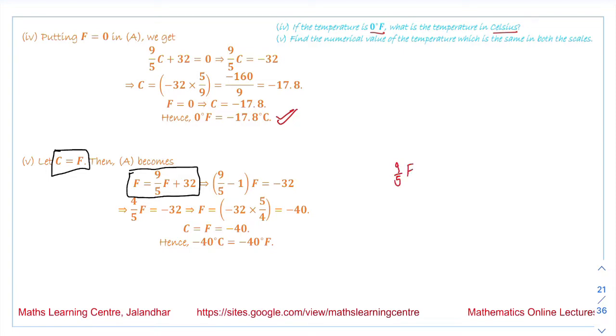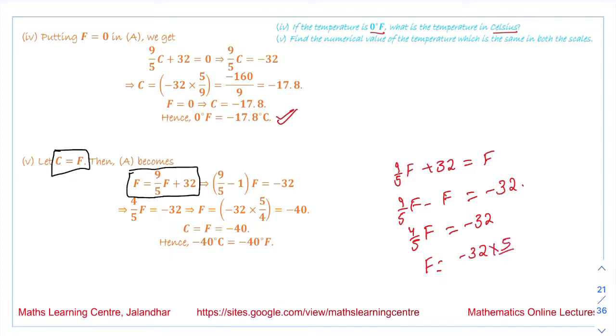So what we obtain from this is 9/5 F minus F is equal to minus 32. When we subtract these values, we will get 4/5 F is equal to minus 32. So the value of F is minus 32 into 5 by 4, and that is equal to minus 40.